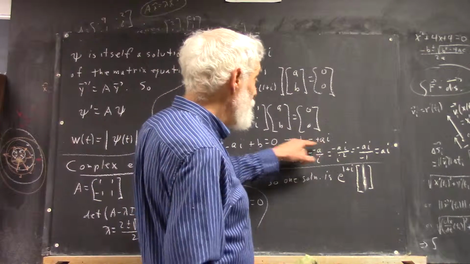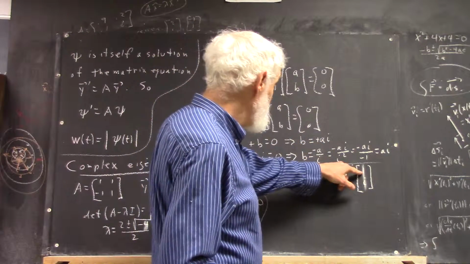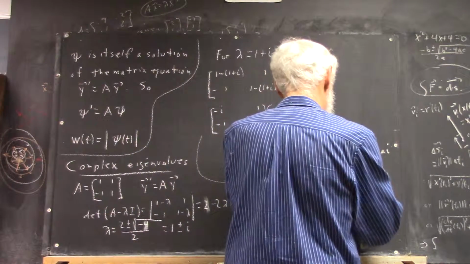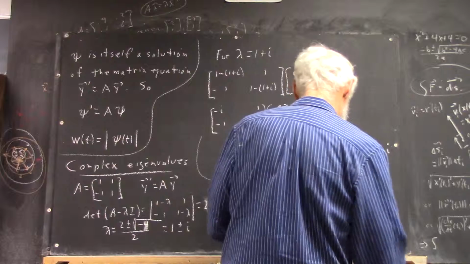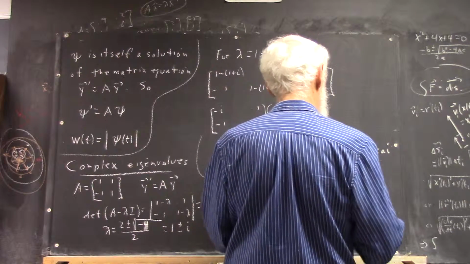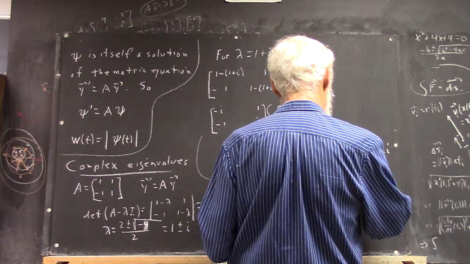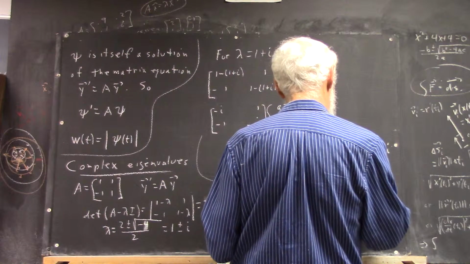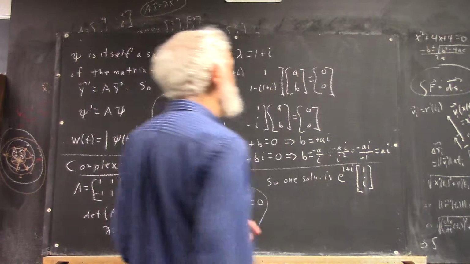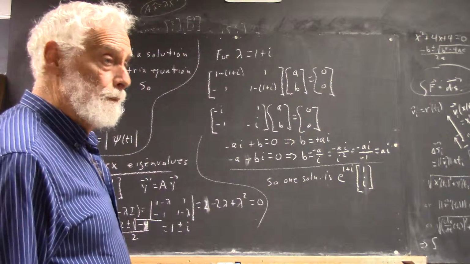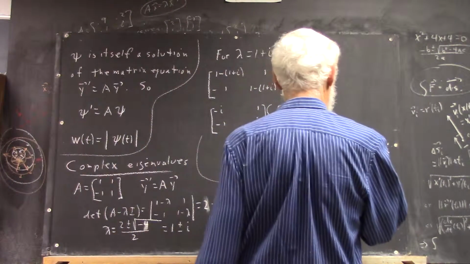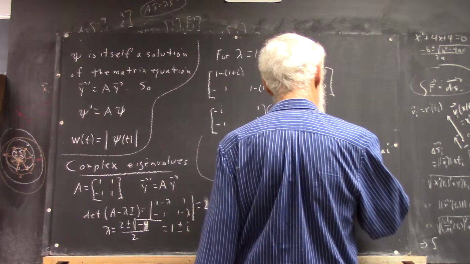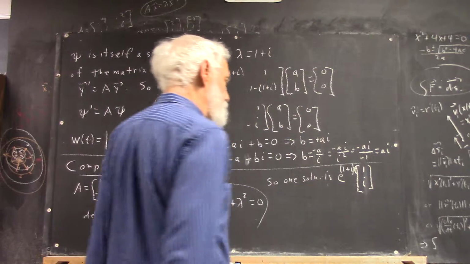Now does b equal a i? Well, a is 1, and you multiply it by i, you get i, which is b. So let me make that legible, at least halfway legible. I keep forgetting to write my t in there.